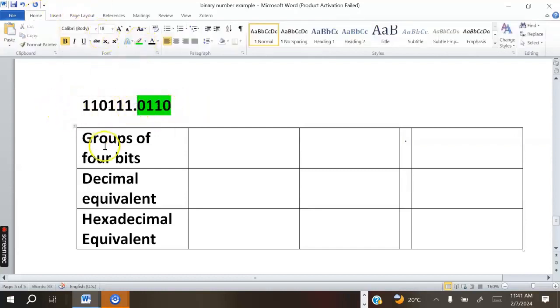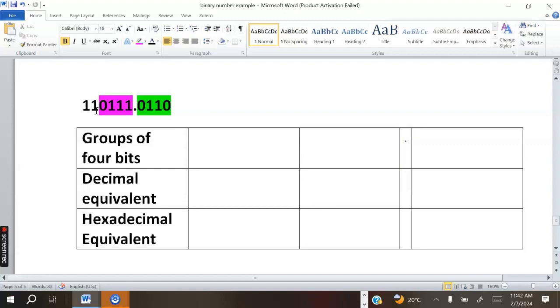Okay, let's move to the integral part. For the integral part, the rule is when you are dealing with bits that are less than 4, you're supposed to work from the right. So let's group them in groups of 4. We have the first bunch. Then we have a group with 2 missing bits. So what are we supposed to do?